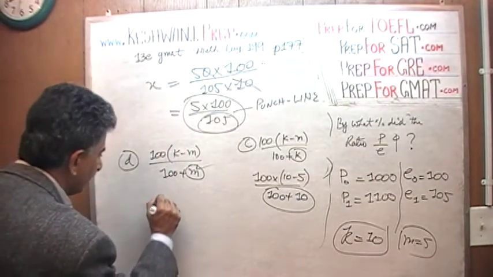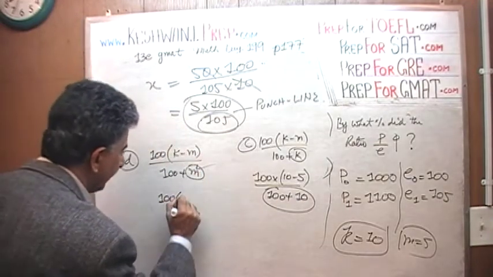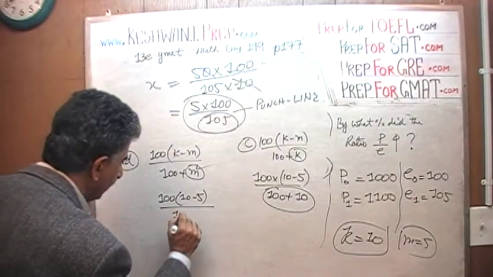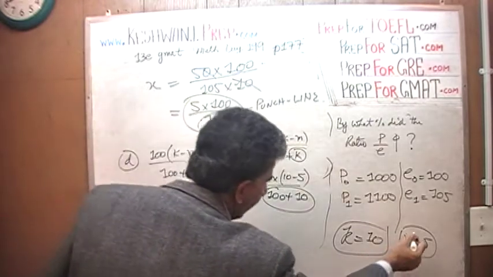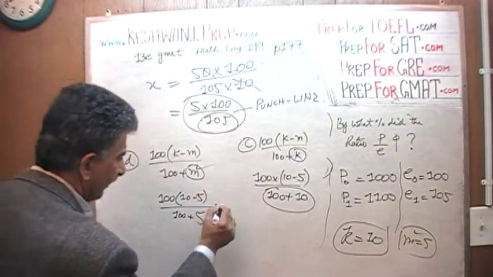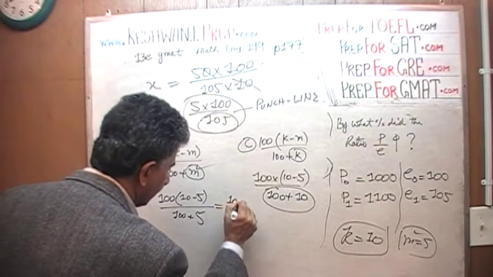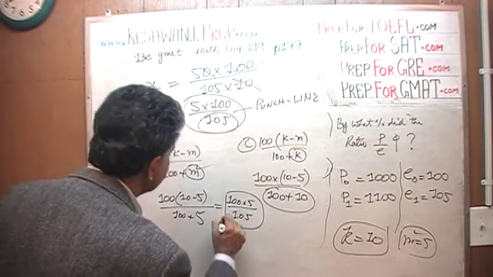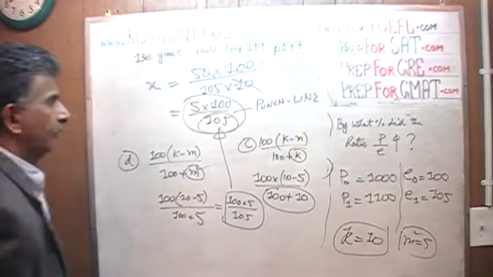It's going to be 100 times k minus m, which is 10 minus 5, which is 5, over 100 plus m, which is 5. We end up with 100 times 5 over 105. That is precisely what we're looking for. Voila, that's your answer.